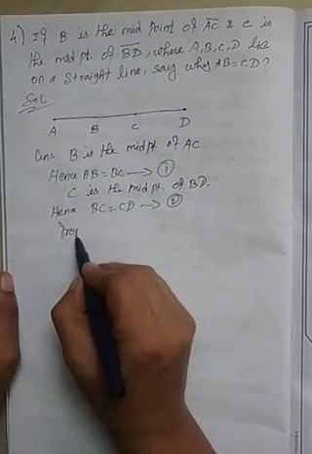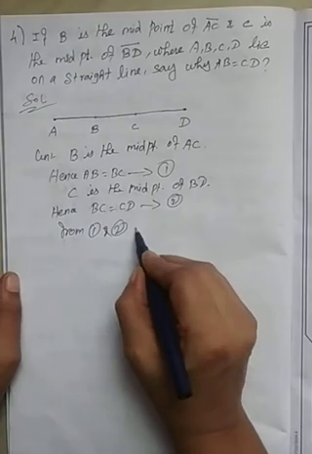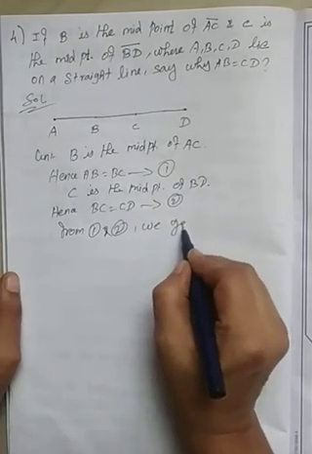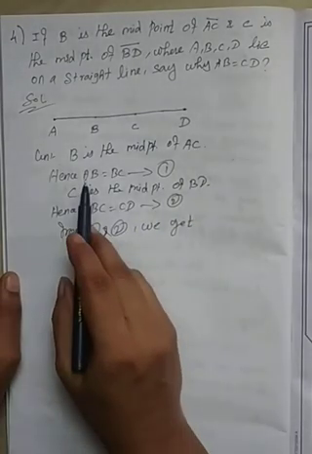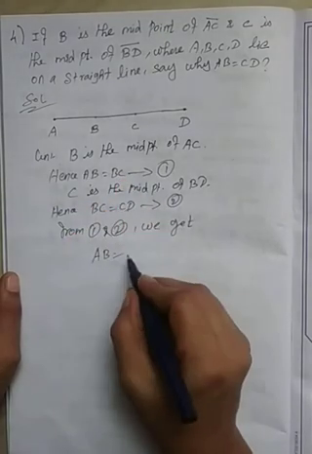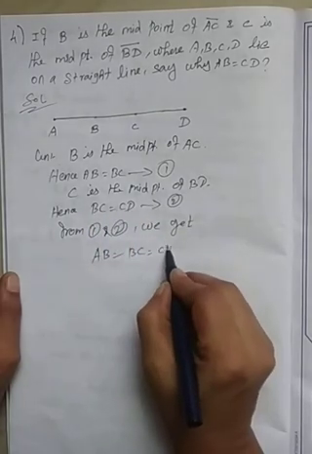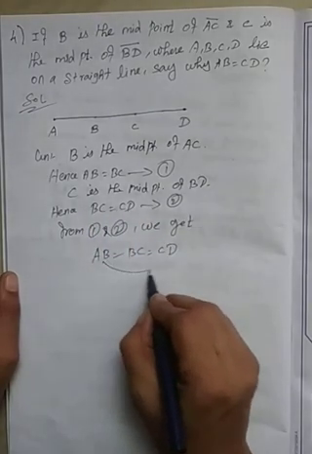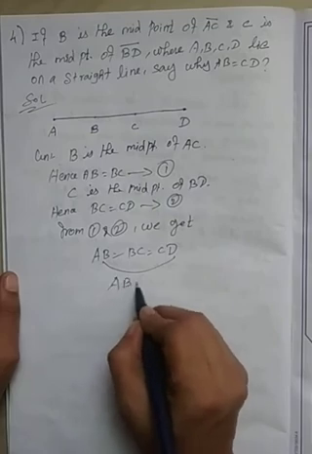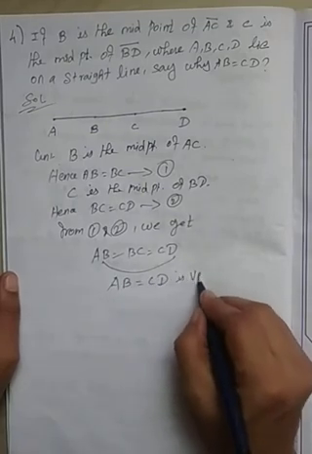From equation number 1 and 2, okay, we get, what is that? See here, AB equal to BC, but BC equal to CD. So directly you can write AB equal to CD is verified.